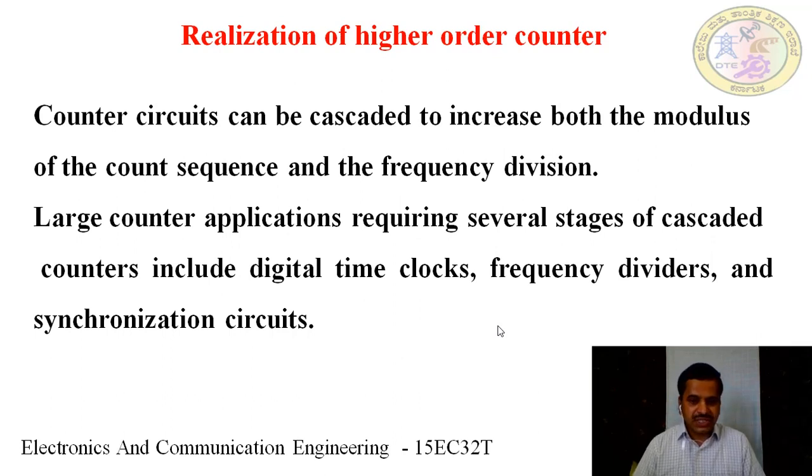Large counter applications require several stages of cascaded counters, including digital time clocks, frequency dividers and synchronization circuits. These applications require cascaded counters because the system operates at higher frequencies. If you want lower frequencies, then you have to divide the clock a number of times, depending on the application.